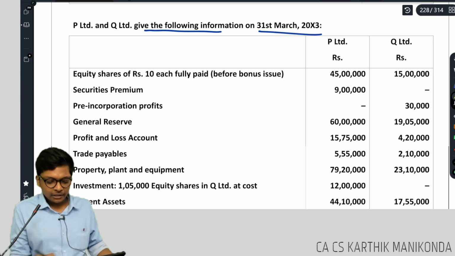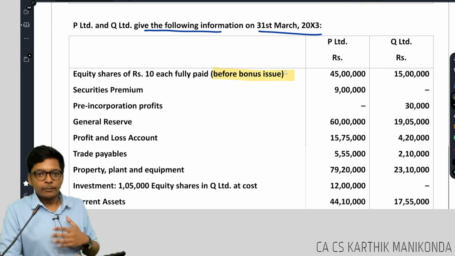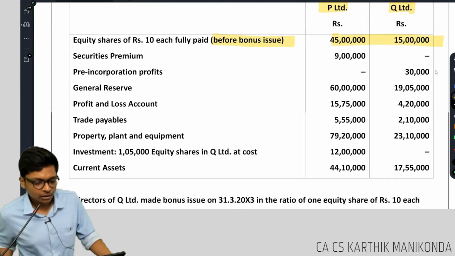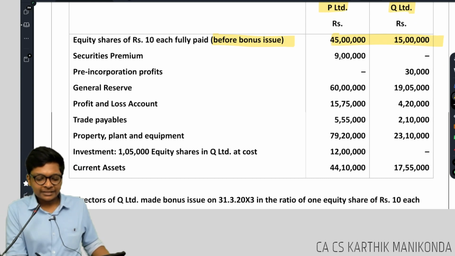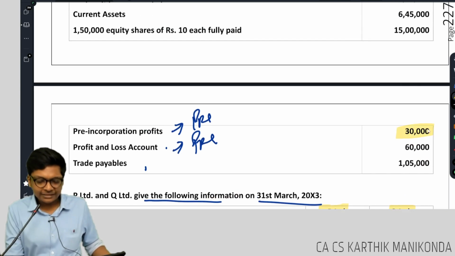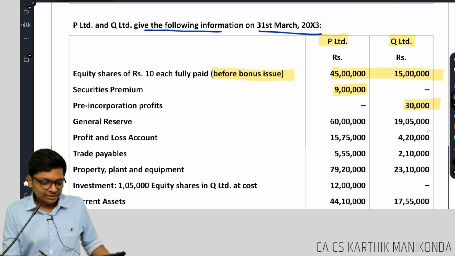Equity share capital is given before bonus issue for holding and subsidiary. Then they have given securities premium. Pre-incorporation profits is given, which is nothing but this 30 carried forward. Then you have general reserve, P&L, trade payables, related items, investments.